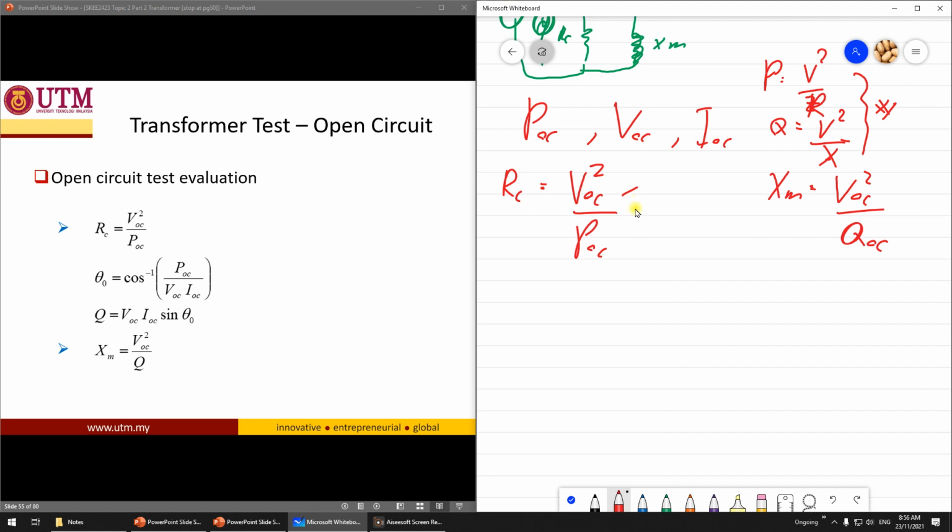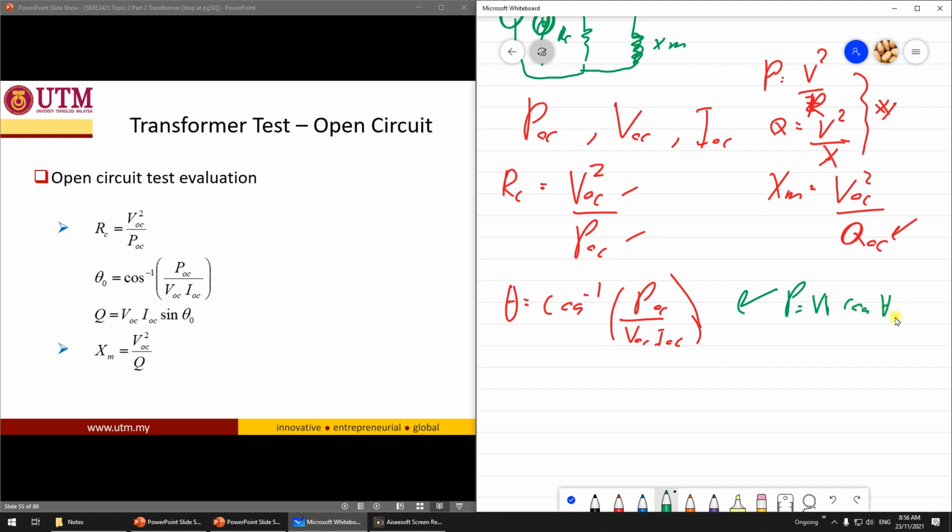POC you already measured, but Q you did not measure. So how do you obtain it? First you have to find theta. Theta is basically cos inverse of P divided by VOC times IOC. This comes from P equals VI cos theta, so theta equals cos inverse of P divided by VI.